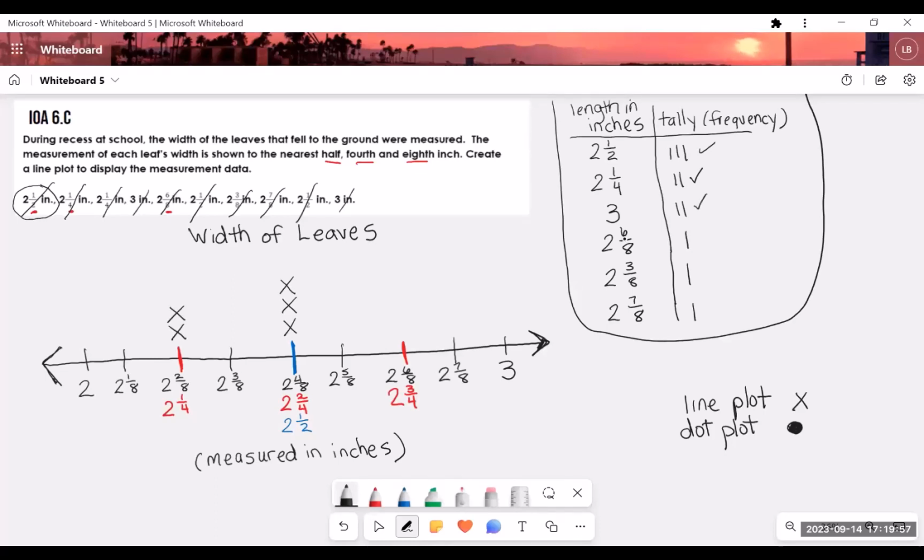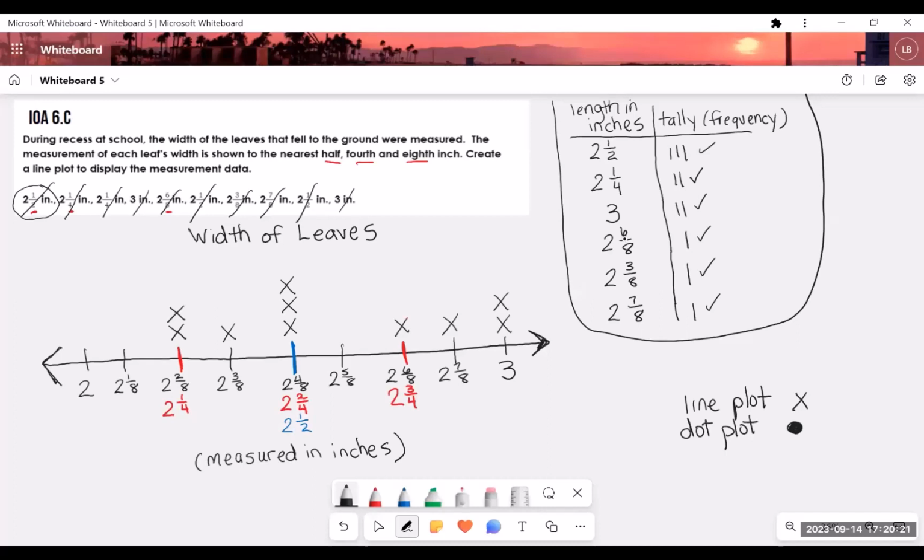There were 2 leaves that measured 3 inches. There was 1 leaf that measured 2 6/8 inches. 1 leaf that measured 2 3/8 inches, and 1 leaf that measured 2 7/8 inches.